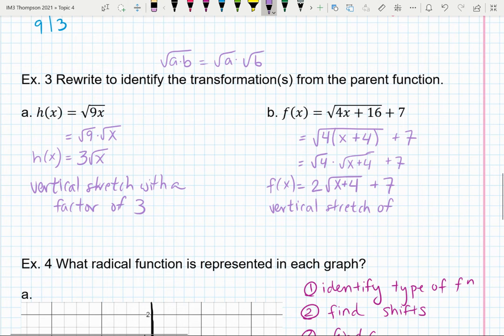So vertical stretch of a factor of 2, or vertical stretch of 2. The adding 4 under the radical means this is going to shift left 4. And then the number outside the radical, I have a plus 7. This is going to shift up 7.